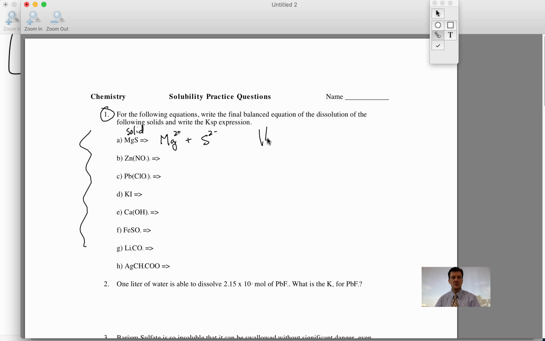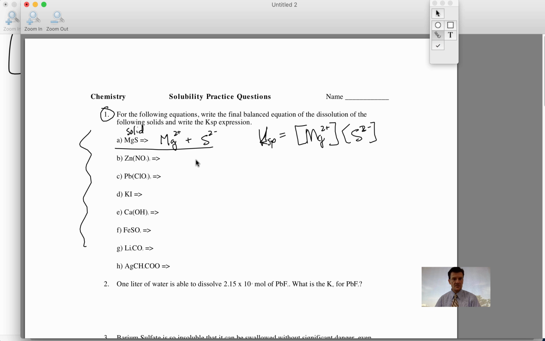So your KSP is the concentration of Mg ion times the concentration of the sulfide. This is balanced, so there are no exponents here.